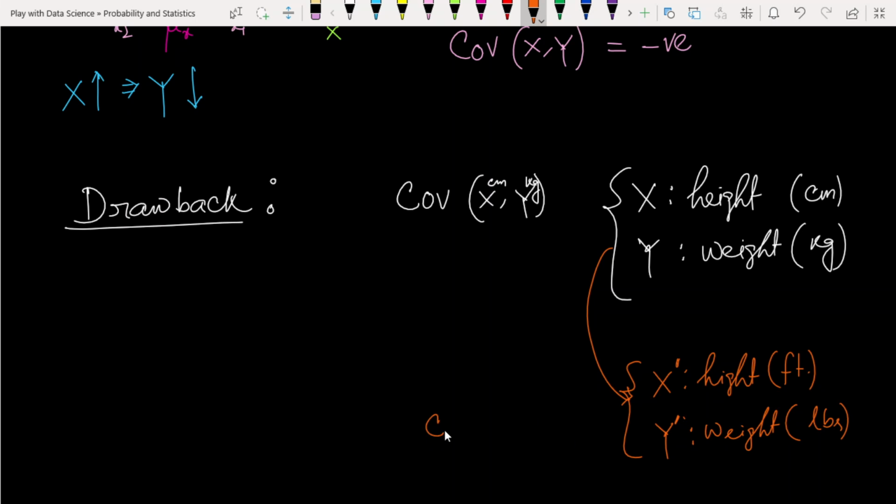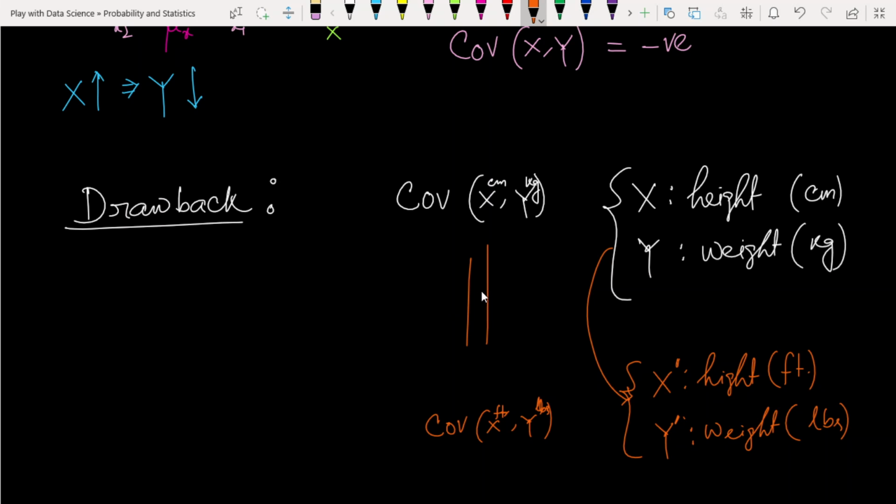Now if you calculate the covariance of x dash and y dash, both are the same kind of data; I just converted centimeter to feet and kg to pound. So this covariance should be the same, but the main problem is that these two are totally different.